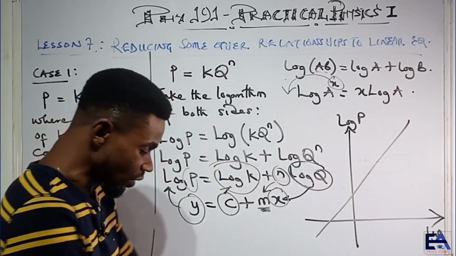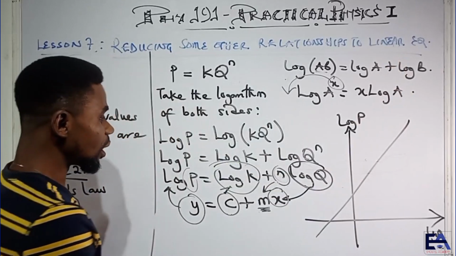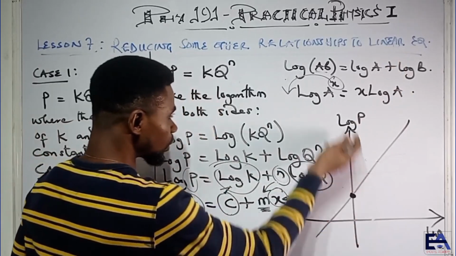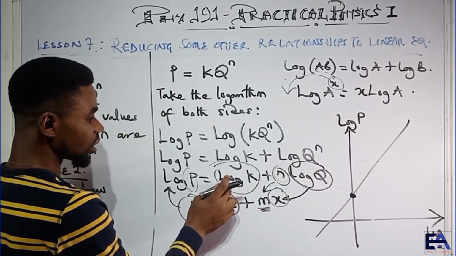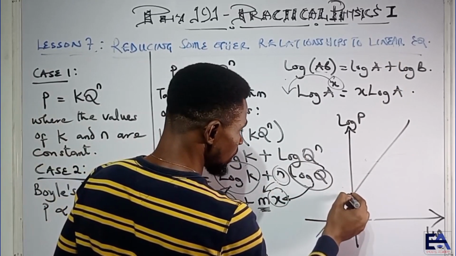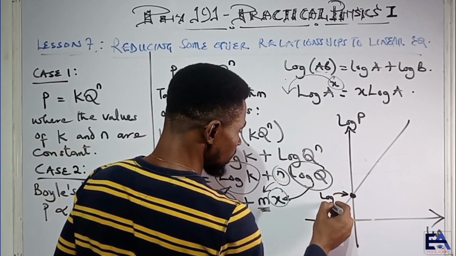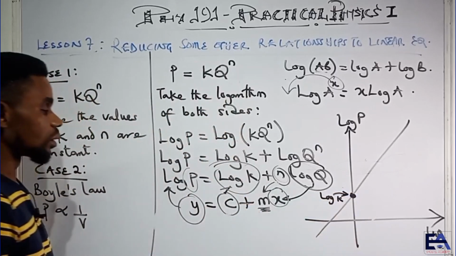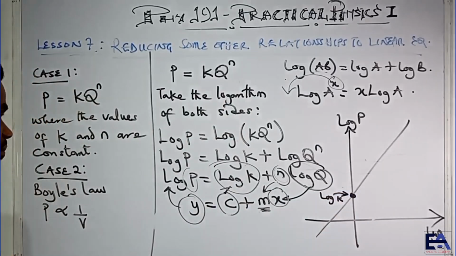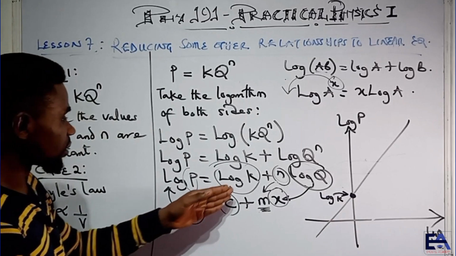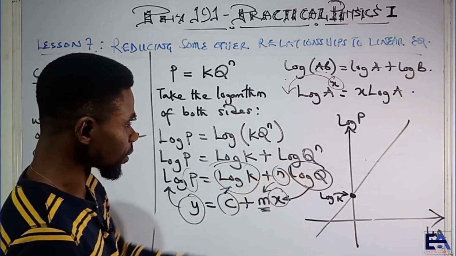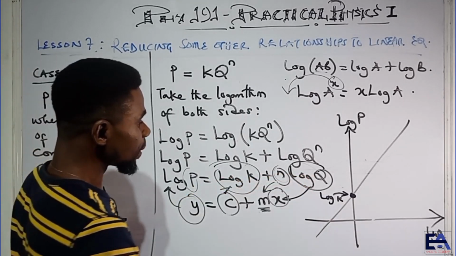If the slope was negative, the graph would go downward. And this is the positive intercept on the log p axis, which stands for our log k. Then we have log k, then n log q.